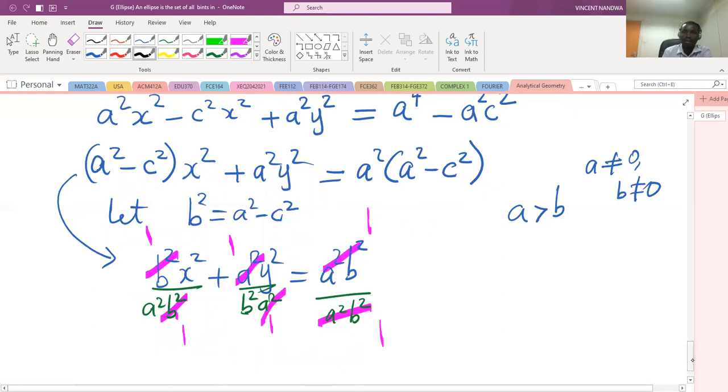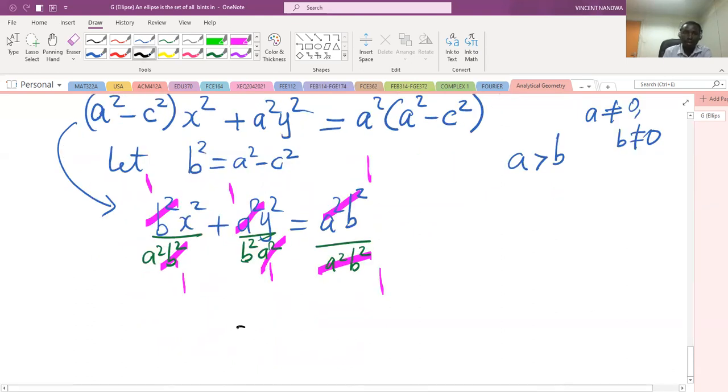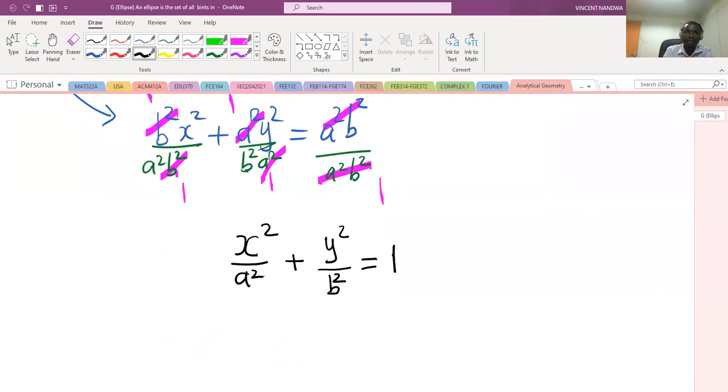So that finally we end up with x squared over a squared plus y squared over b squared equals 1. So this is the equation of that given horizontal ellipse.